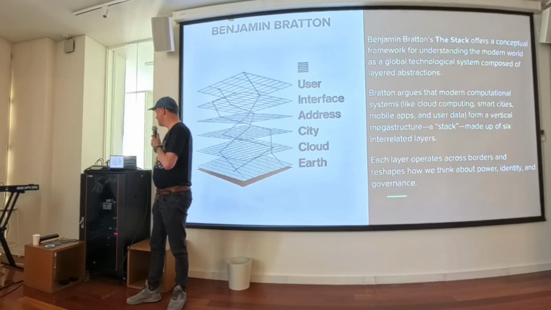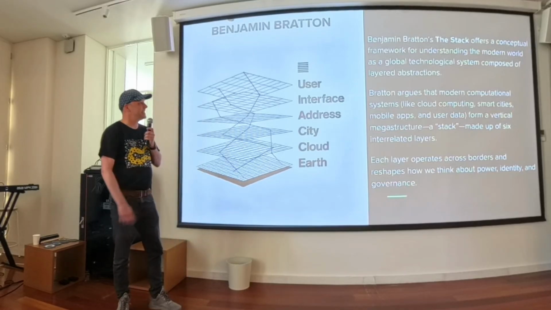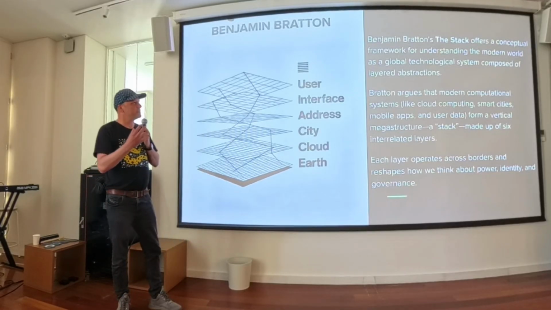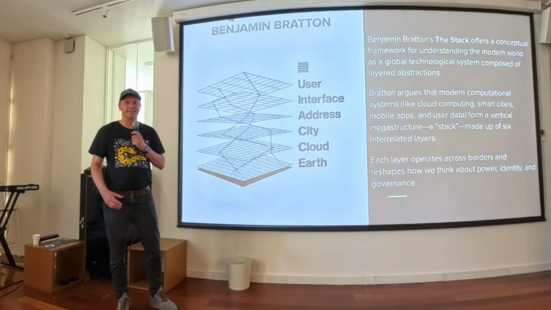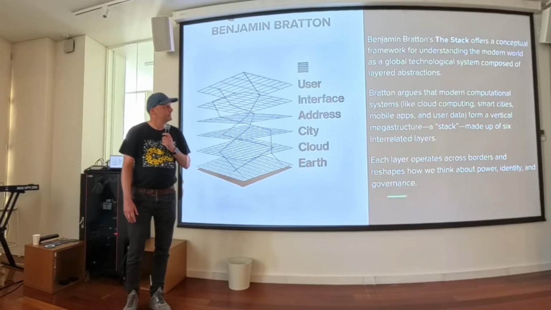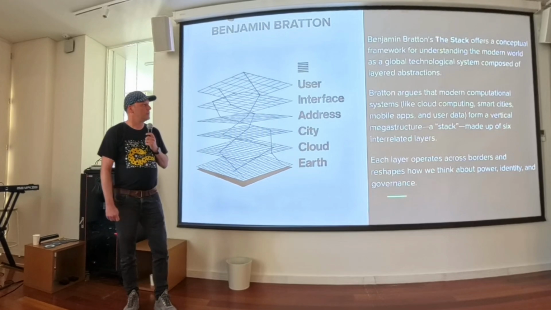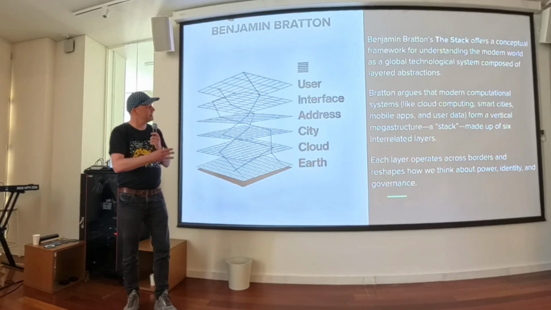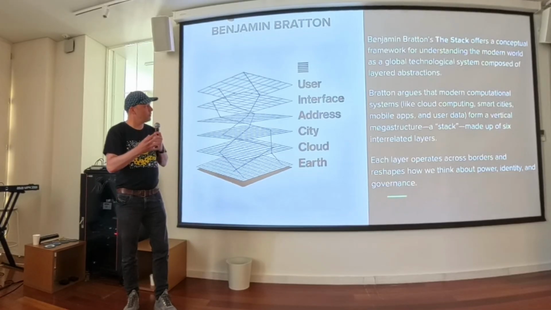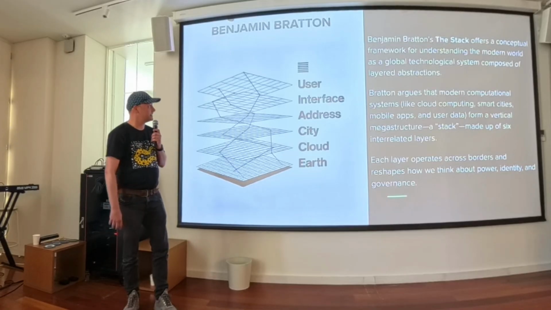Benjamin Bratton's stack offers a lens through which we can understand the modern world as a technological system. He creates a number of layers that collectively form a global system, and a battle is basically happening on each of these layers.